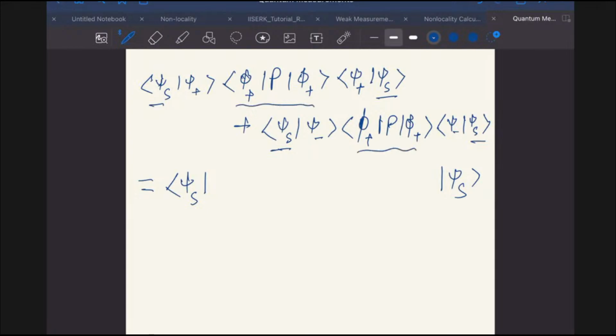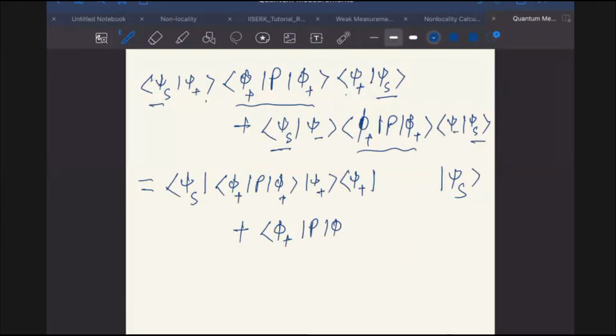These are also numbers, so I can take them here. Then phi plus P_U phi plus, and this psi plus, plus this phi plus P. Oh, this was phi minus. Right, this was phi minus.